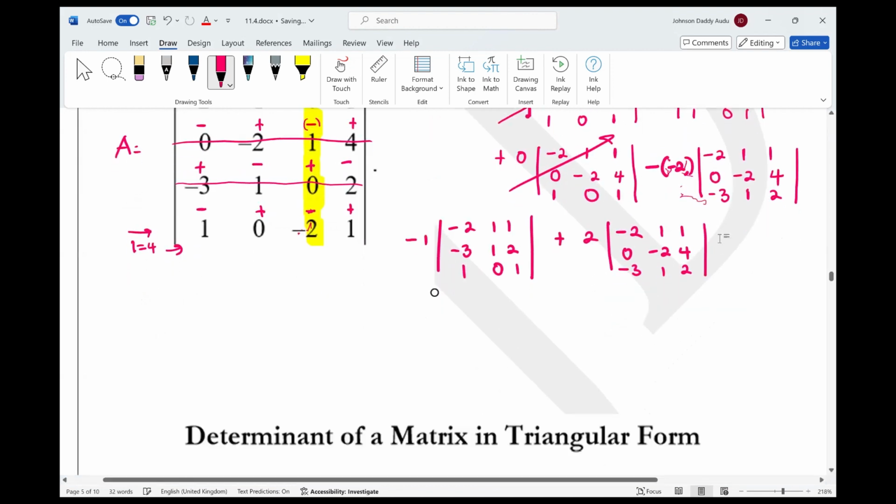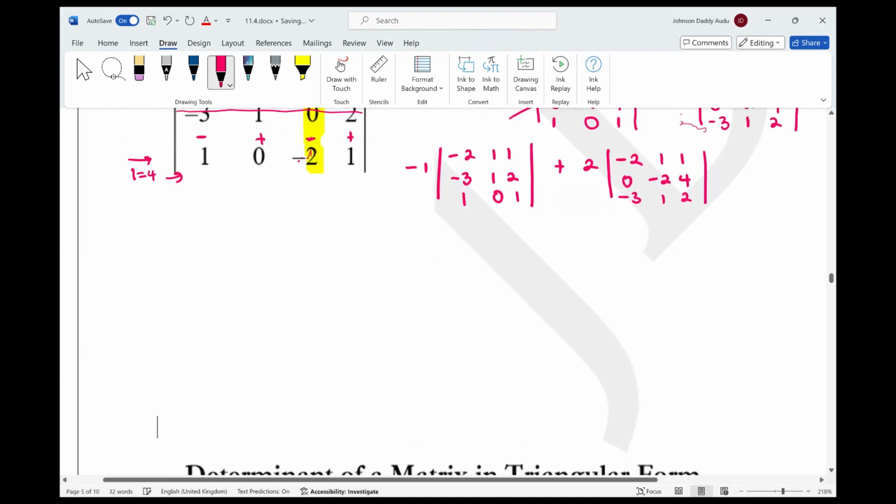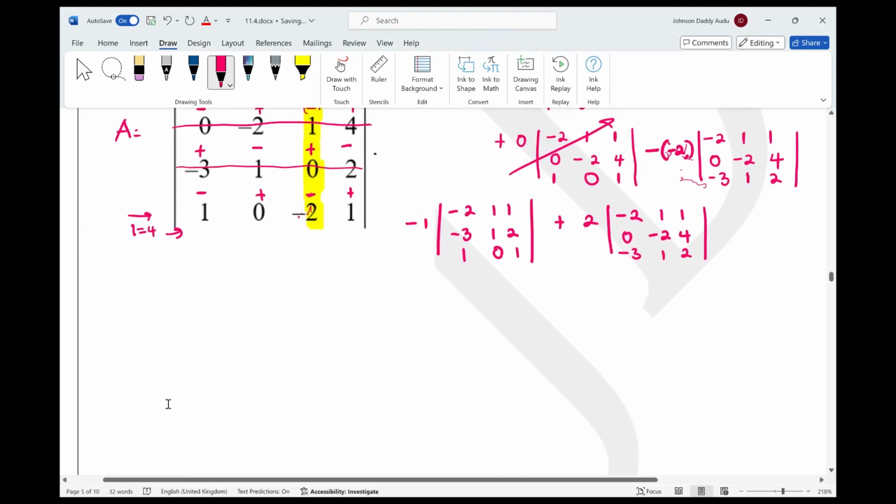Once you are back to 3 by 3, you have an option. You either continue breaking this into smaller pieces, or you just go and use the Sarrus method, which sometimes is faster and easier. So now let's use the Sarrus method for this one. This is 3 by 3. So let's take this matrix now.